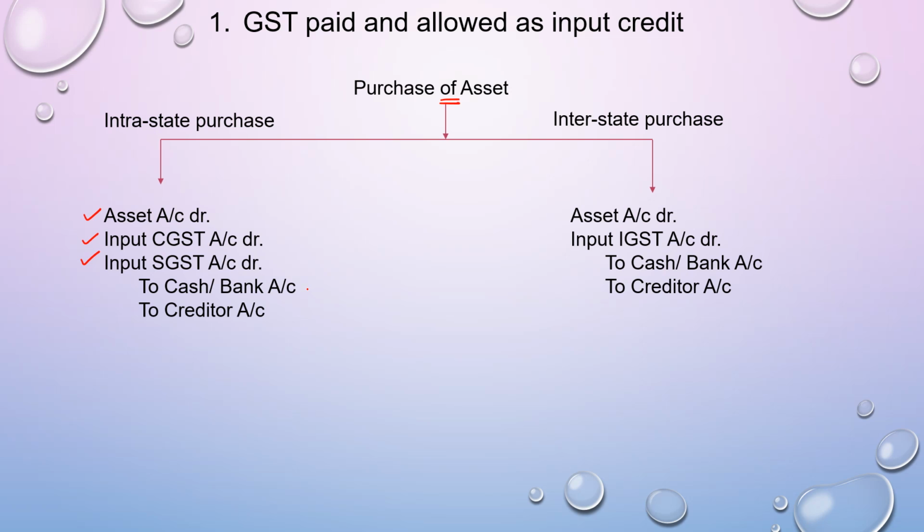And if settled immediately, you would be crediting cash or bank, and if it was a credit purchase, to that particular vendor account or the creditor account. But if it was an interstate purchase, instead of two GSTs, CGST and SGST, you would have just one input IGST account which is debited. So this is how we record when GST is paid and when it is allowed to take input credit of this GST which has been paid.